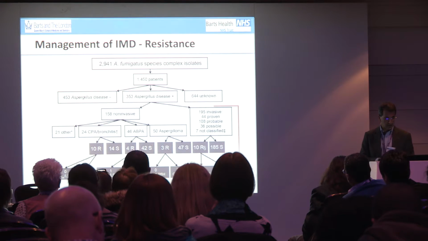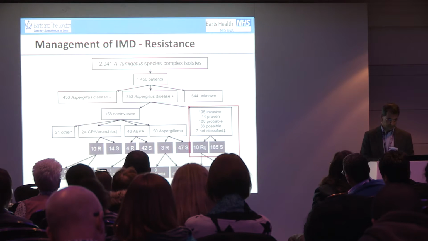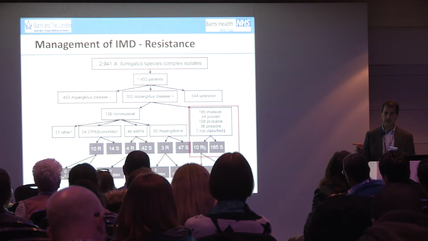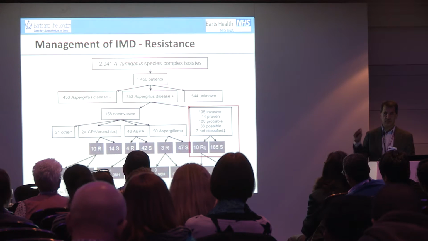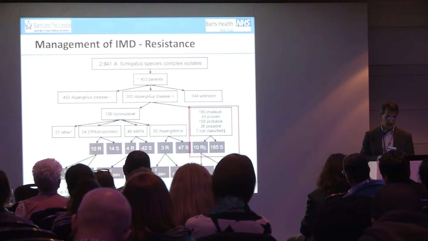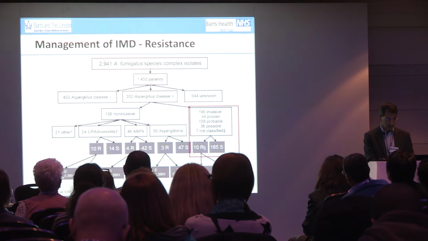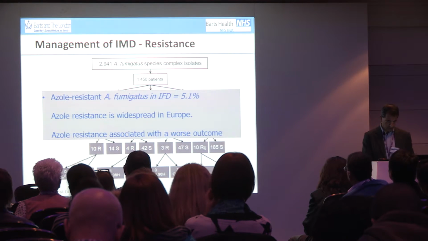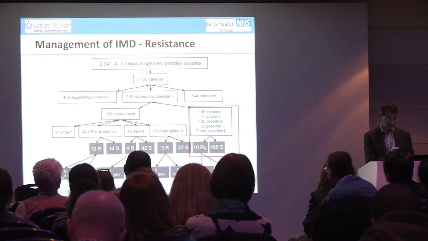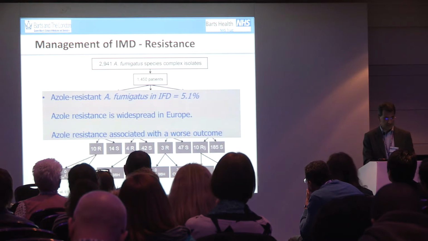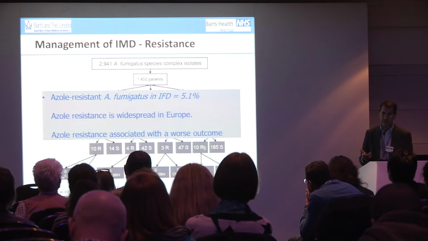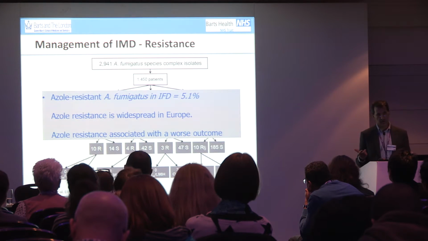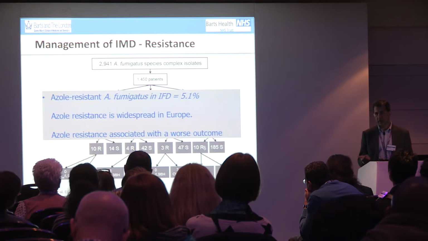Just for the sake of time, I'm only going to focus on the patient group that had invasive aspergillosis. What you see here is that 10 isolates were antifungal resistant, and 185 were sensitive. That gives a resistance rate of 5.1% for fumigatus in invasive aspergillosis.